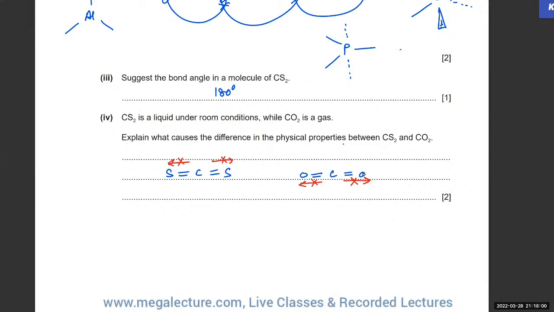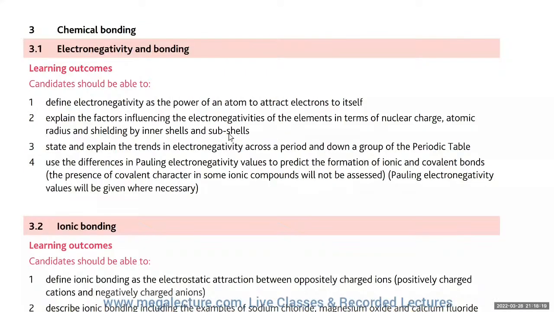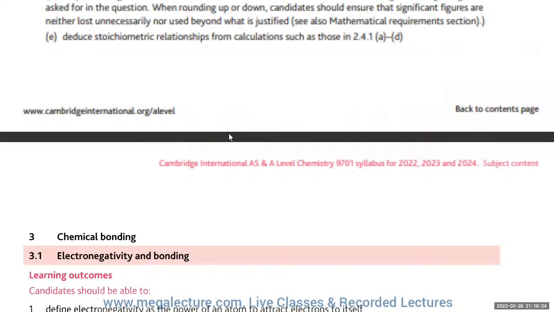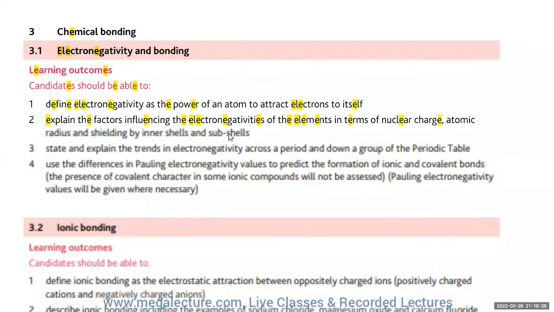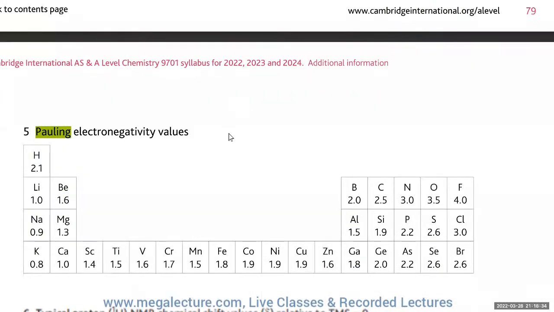I'll just add a thing over here, which is they've included the Pauling scale now in the latest syllabus data booklet. The Pauling scale gives you an idea about the electronegativity of the elements, which we already know. Which one is electronegative, which one is not. But now they've also given you values for that. Have a look at where the table is. So this one.